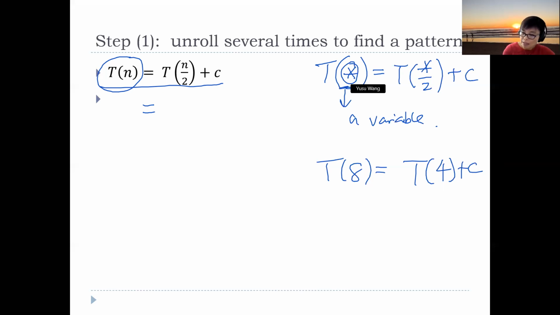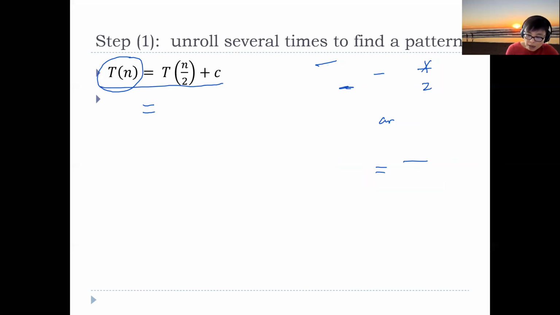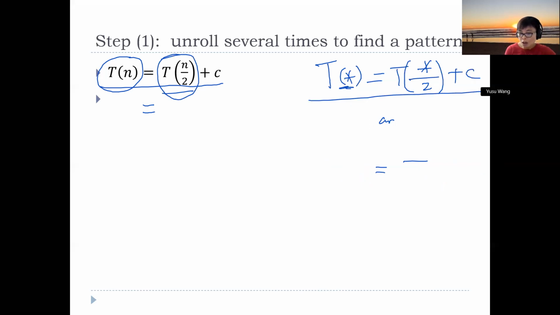Now I look at this. This we don't like because I don't know what it is. But I do know this relation holds for this size as well. In other words, even though I don't know what T of n over 2 is, I can apply the same relation and get to T of n over 2 using it.